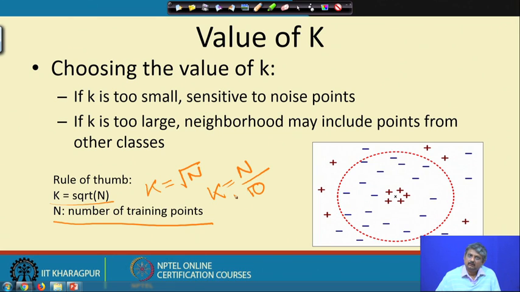So, this is one option, this is another option. You do not really know which one will work. This is an open problem in data mining. Nobody really knows. So, if any of you can find a good solution to this problem, that will be quite a contribution to data mining.